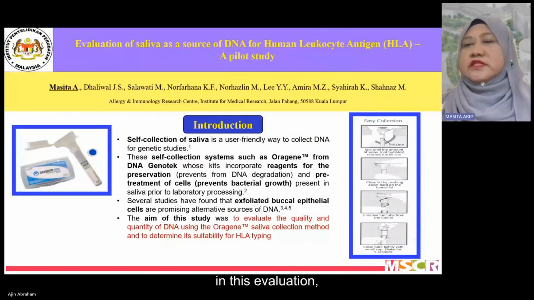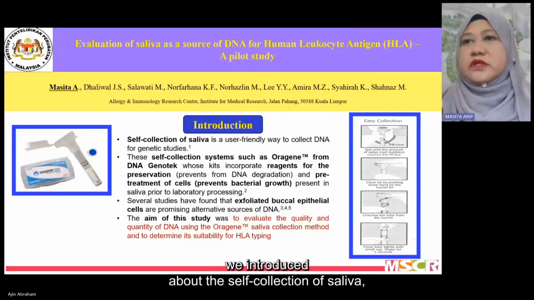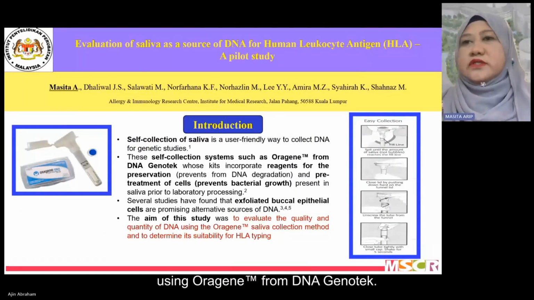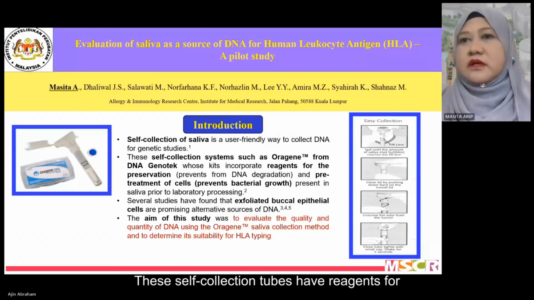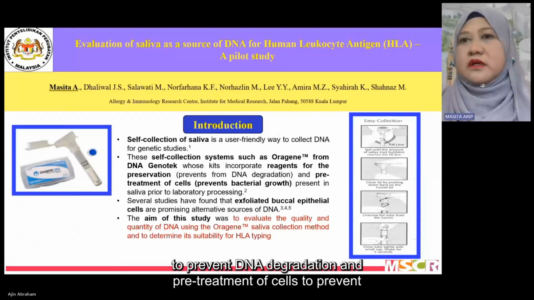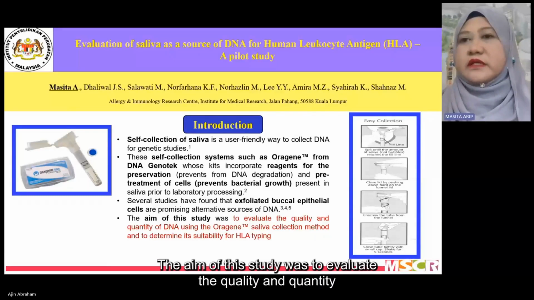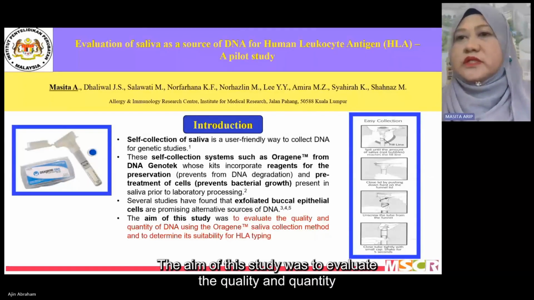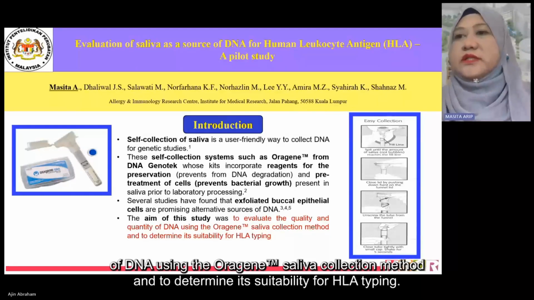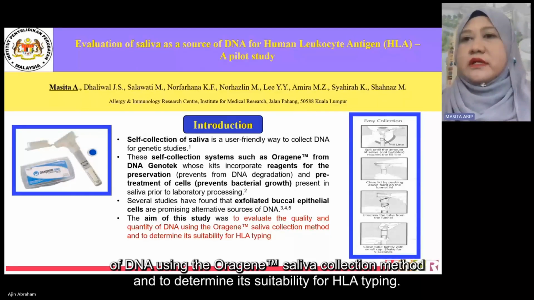In this evaluation, we introduced self-collection of saliva using the Oragene kit from DNA Genotek to prevent DNA degradation, with pre-treatment of cells to prevent bacterial growth present in saliva prior to laboratory processing. The aim of this study is to evaluate the quality and quantity of DNA using the Oragene saliva collection method and to determine its suitability for HLA typing.